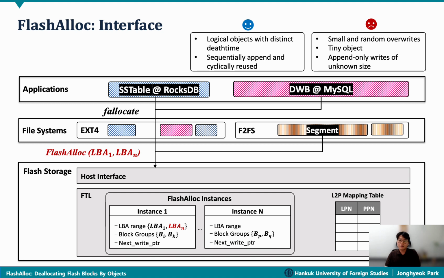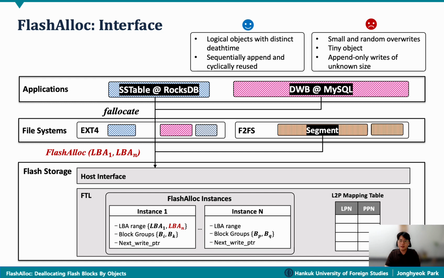However, FlashAlloc is not for small and random overwrites, tiny objects, and append-only writes of uncertain sizes. For such cases, we recommend executing a normal write without invoking the FlashAlloc command.